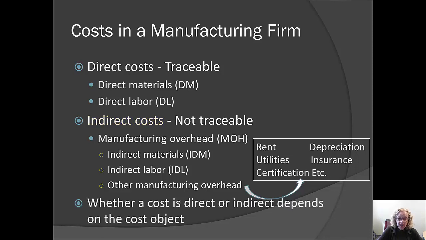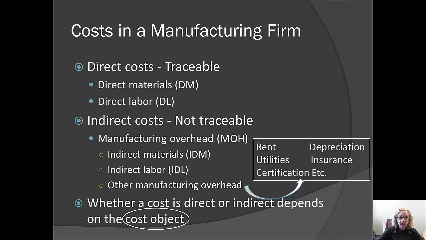Now, what are we going to do with these costs? We need to understand them, and whether a cost is direct or indirect really depends on what's called the cost object. The cost object is the thing for which we are trying to answer the question, how much did it cost?